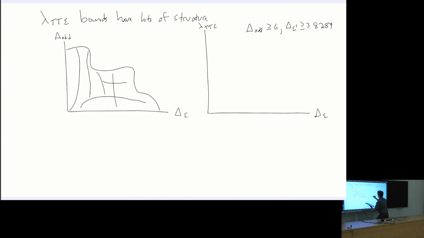Then you see a bound in TT epsilon that has really 3 prominent kinks in it. Down here at 1, you get a kink corresponding to the free scalar solution.